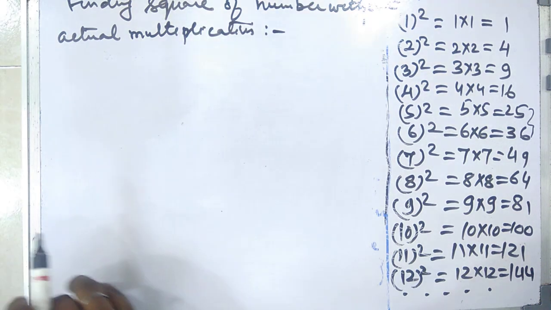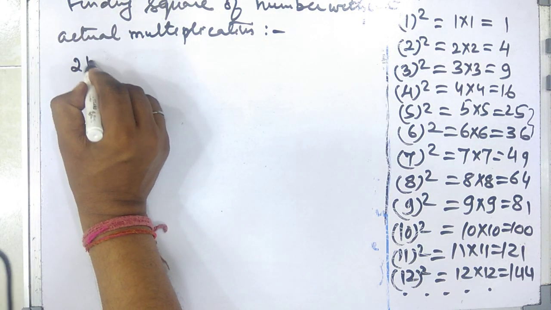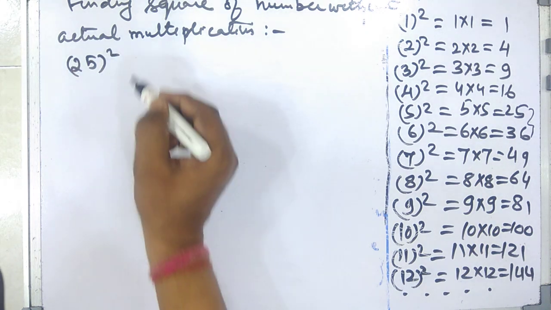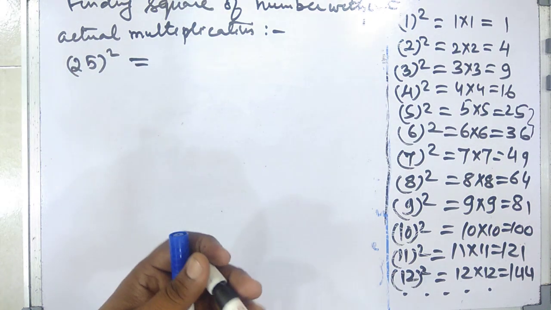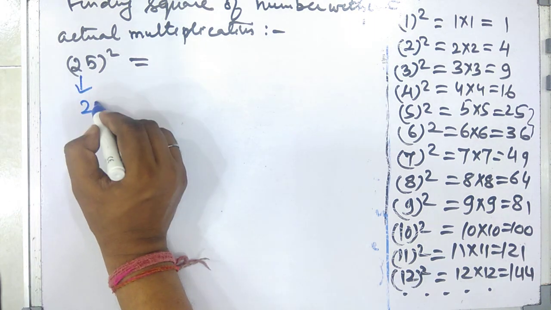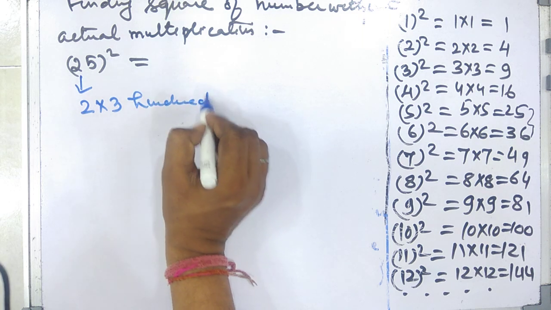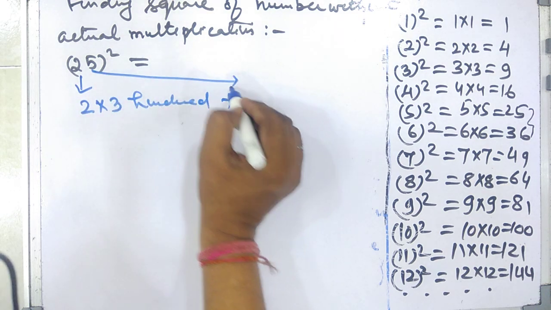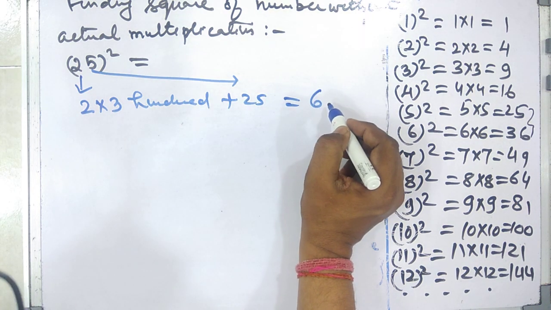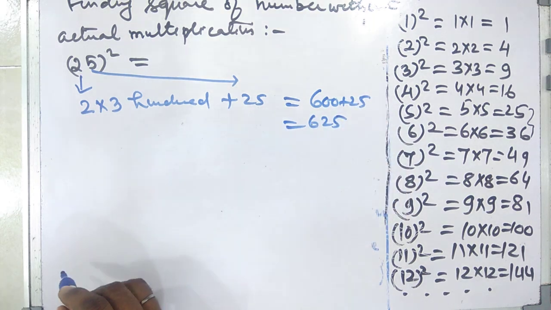Students, how do we find the square of numbers without multiplying? 25 square, students. This number is 2, so multiply 2 by one more than 2, which is 3, giving 6, so 600, plus the square of 5, which is 25. So this is equal to 600 plus 25 is equal to 625.